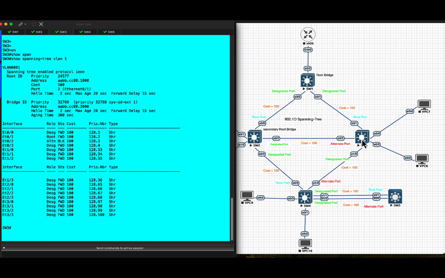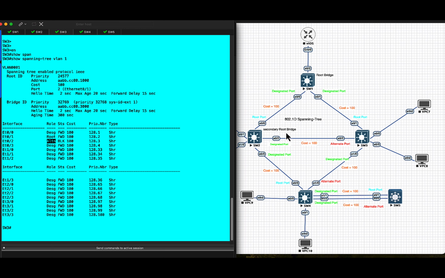So between the two switches, 2 and 3, switch 2 has the lower bridge ID, which means its interface will always win the designated port selection, right? And the loser, which is switch 3 in this case, will have to make its interface an alternate port.